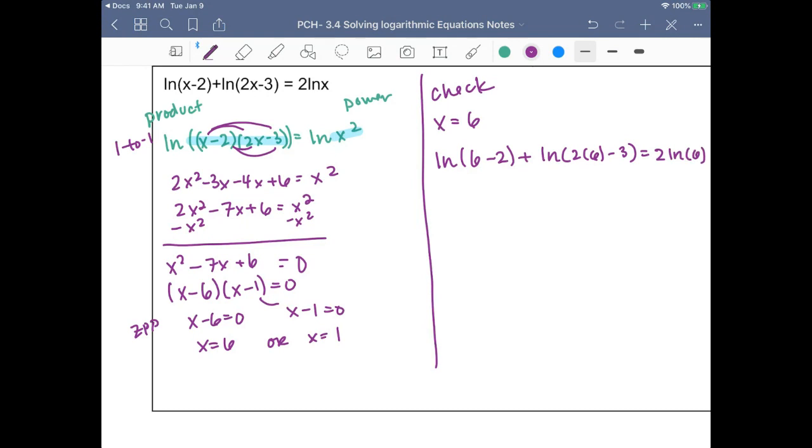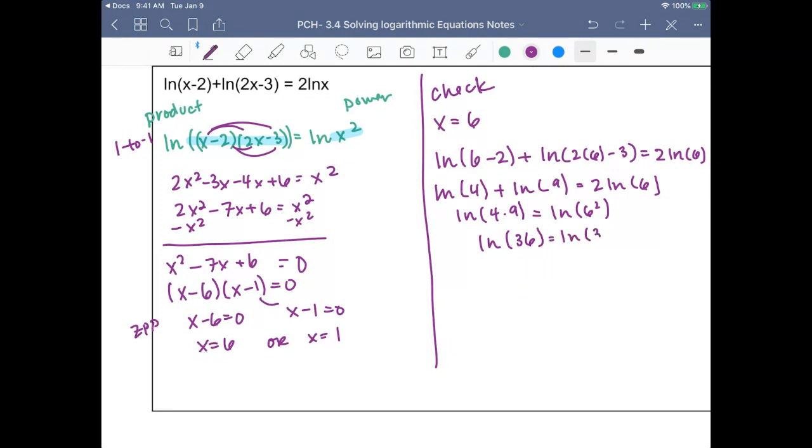Okay, so we get the ln of 4 plus the ln of 12 minus 3 is 9 is equal to 2 times the ln of 6. So product property here, ln of 4 times 9 is the ln of 6 squared. So that's the ln of 36 is equal to the ln of 36.